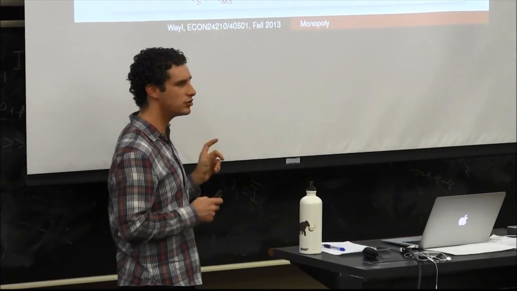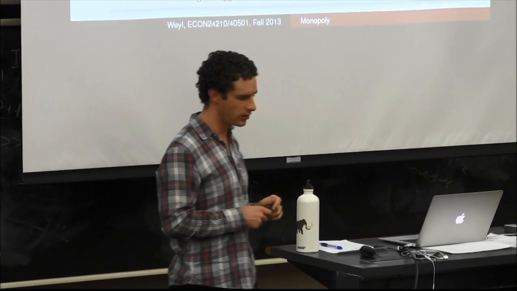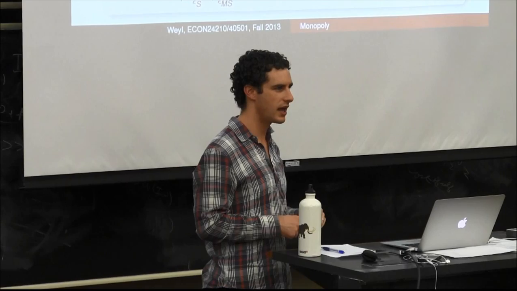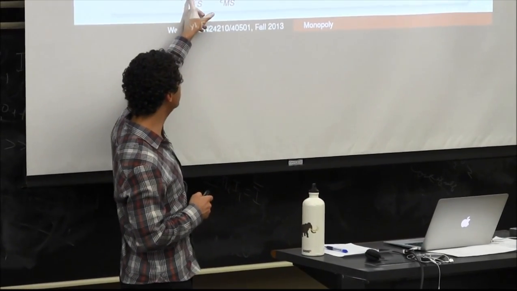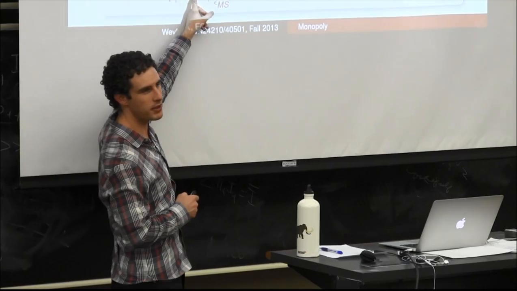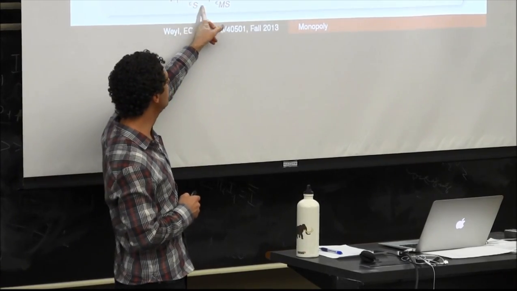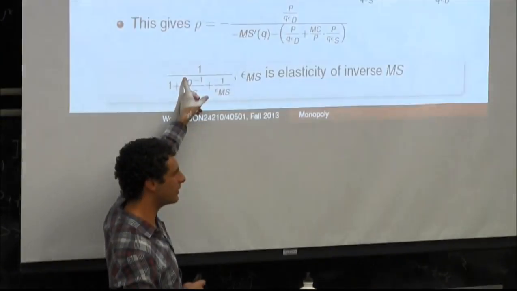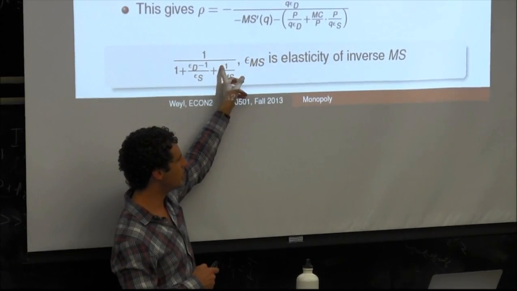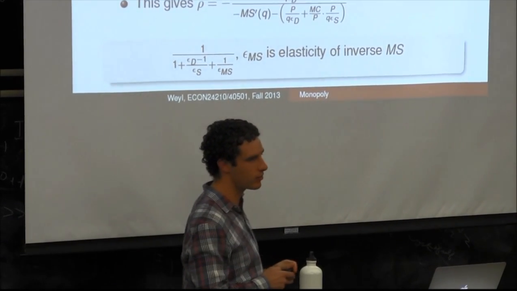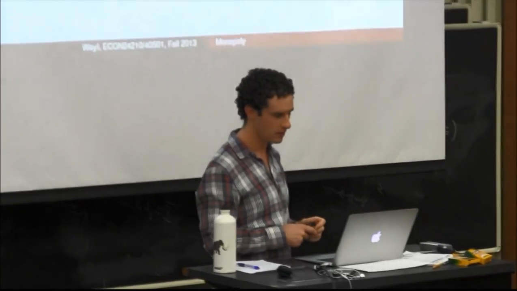So there's really two changes that have occurred relative to the case when we have perfect competition. One is that there's this extra minus 1 here, but basically qualitatively this is the same formula we had before. We had the elasticity of demand over elasticity of supply. The really new feature is this 1 over the elasticity of the marginal surplus function.